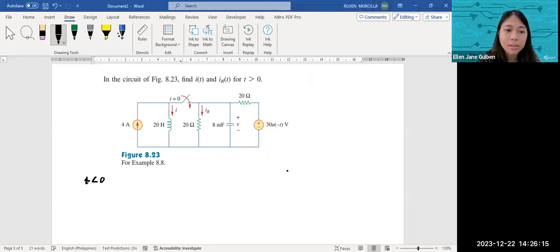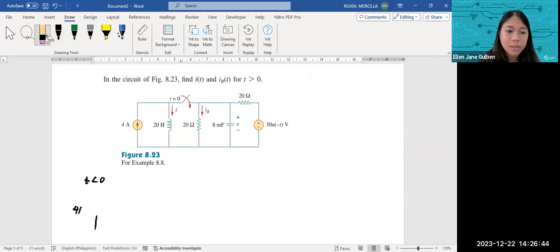So our circuit would look something like this. We have our 4 amps. Since this one is open at t less than 0, it doesn't exist.